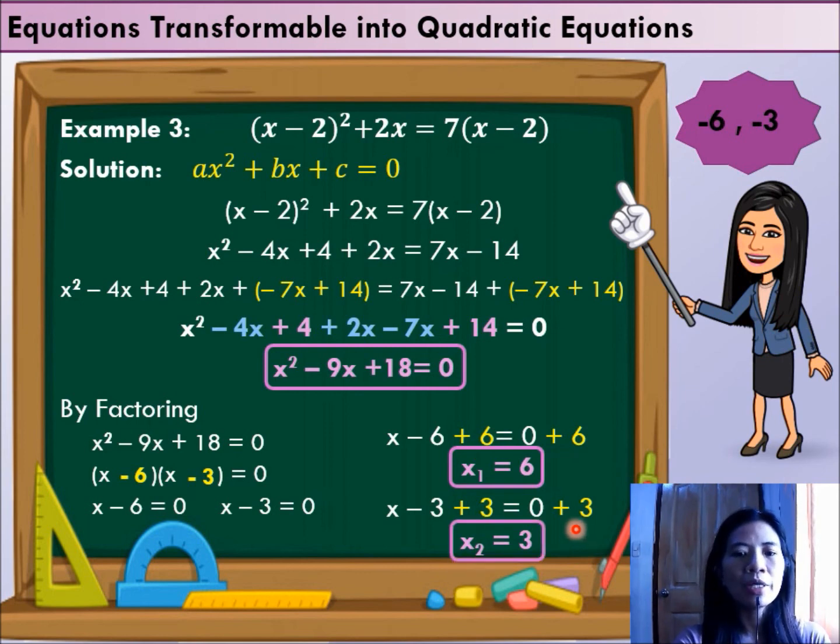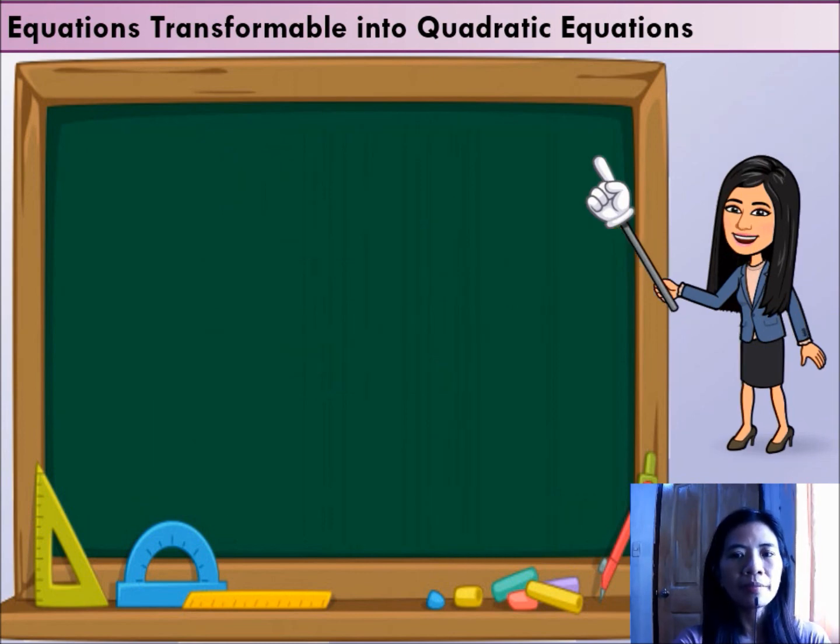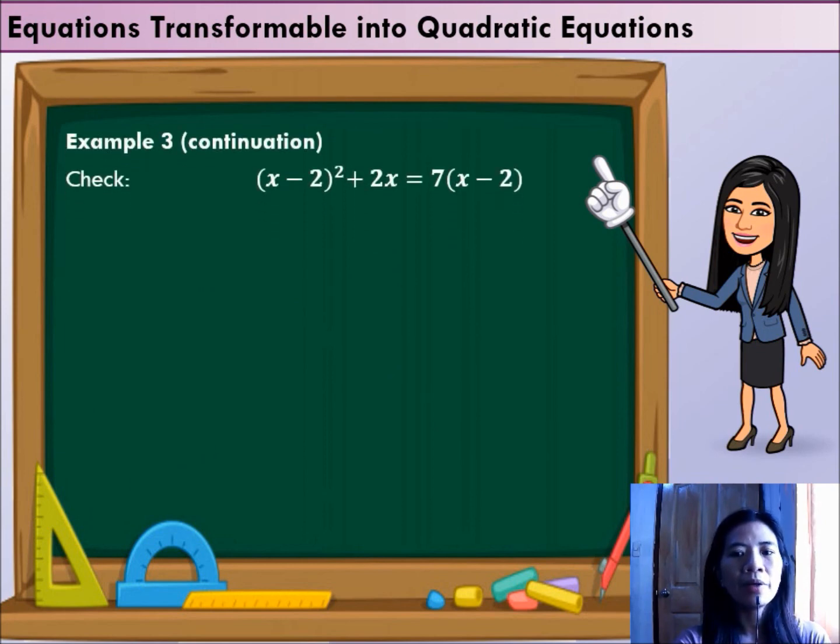Now, these are the solutions of our quadratic equation. After that, we are going to check whether these are true for our equation. We are going to substitute the values of x. First, x equals 6. We substitute this into our original equation by replacing x with 6.